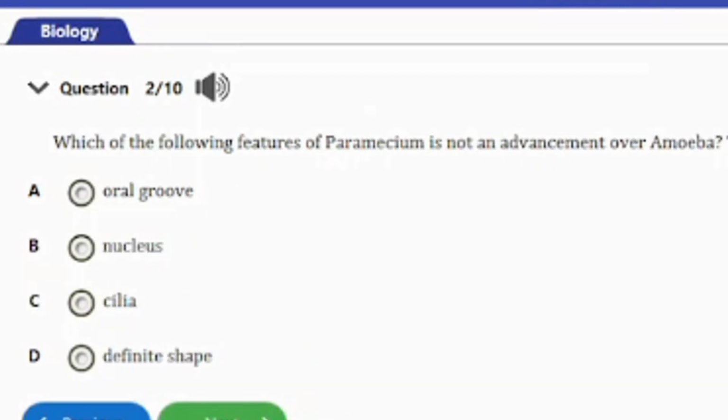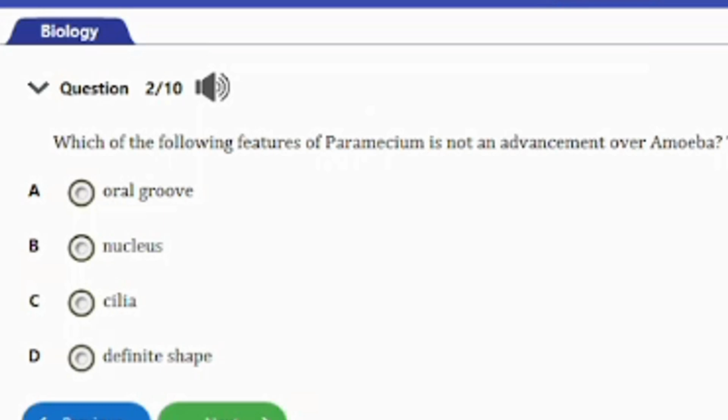That's question number 2. It says, which of the following features of paramecium is not an advancement over amoeba? We have option A, oral groove, B, nucleus, C, cilia, and D, definite shape. The answer is option B, the nucleus.